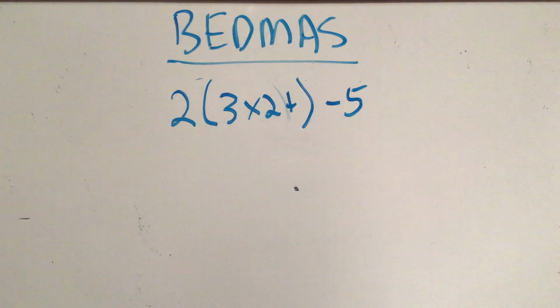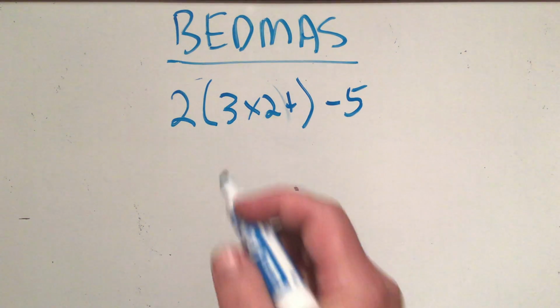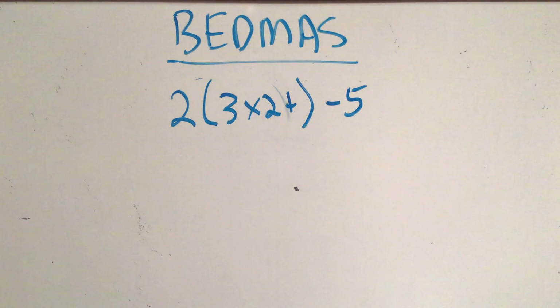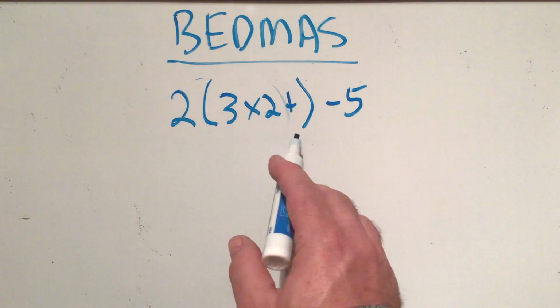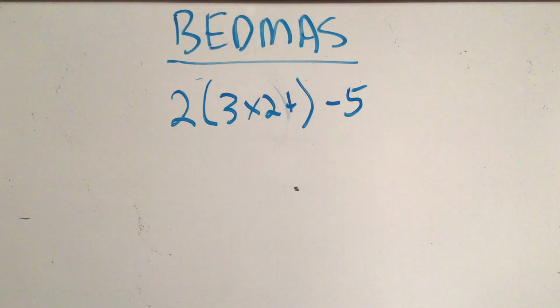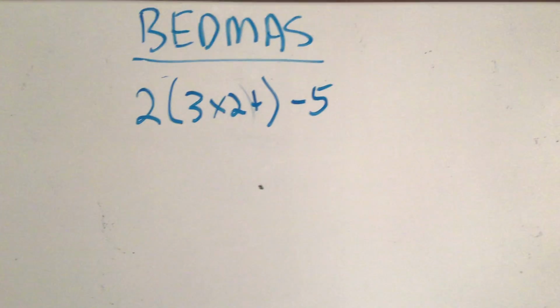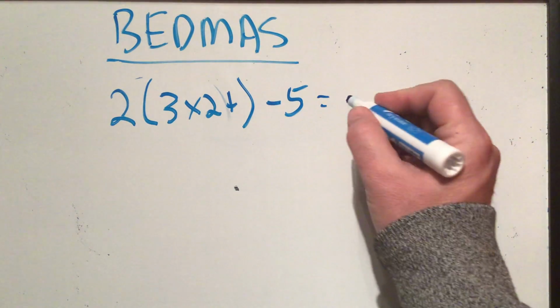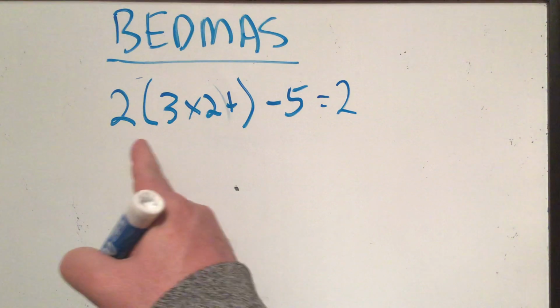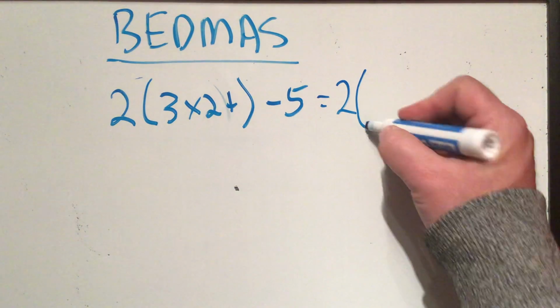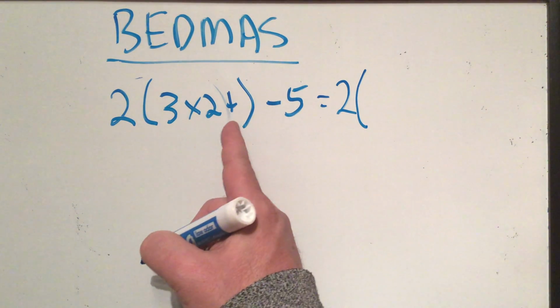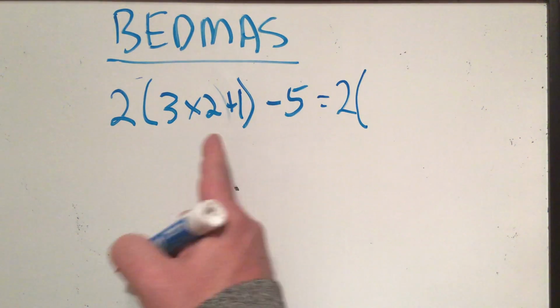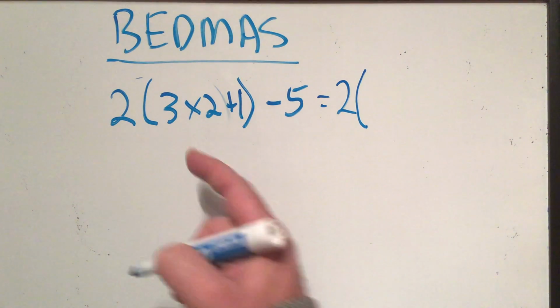Okay, so the first thing I have to do in this case is brackets, all right? Well, here are the brackets, okay? Just here so I have more room to write. Okay, so this equals, the 2 stays because I'm not using it. The bracket stays because I still have to do BEDMAS inside the bracket, okay?